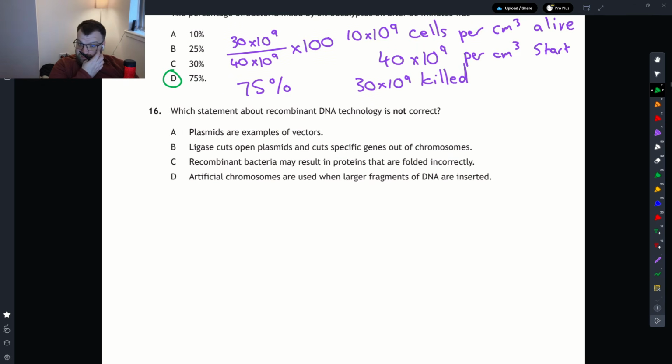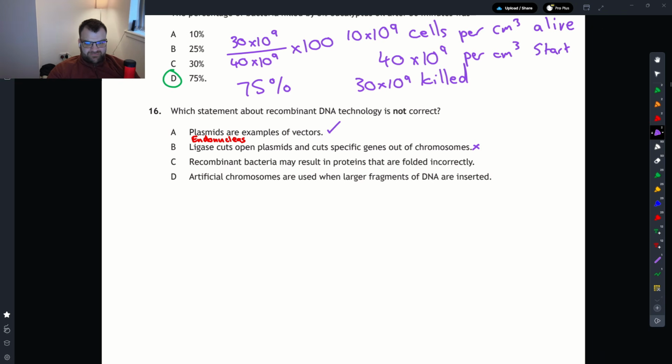Next up, recombinant DNA, which is not correct. Well, plasmids transfer the information. So plasmids do move genetic information about. Ligase is to do with sticking things together, not opening them. That is incorrect. So the cutting is done by endonuclease, which isn't what we've got here.